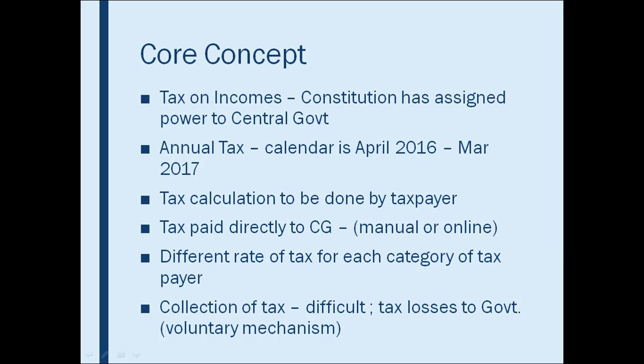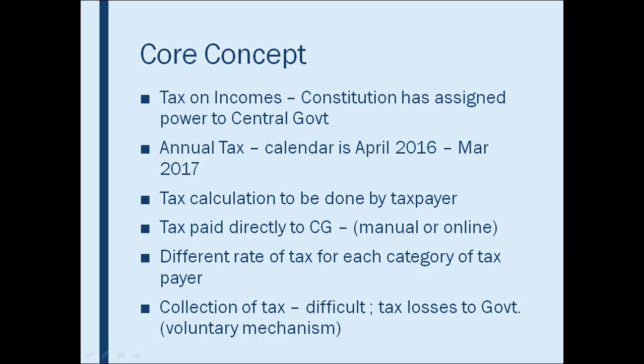So it all starts from the taxpayer on his own voluntary basis. So in a country with a big population like India, some people don't upfront disclose the true income, and the government also then loses the tax revenue.